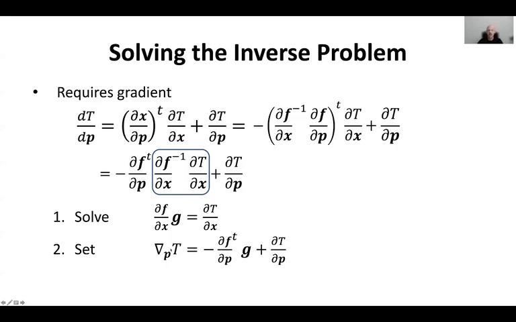Now that's great. We can compute the gradient of the objective function. And with that gradient, we can try to solve the minimization problem using some minimization algorithm that uses gradient information, the one that we like best.